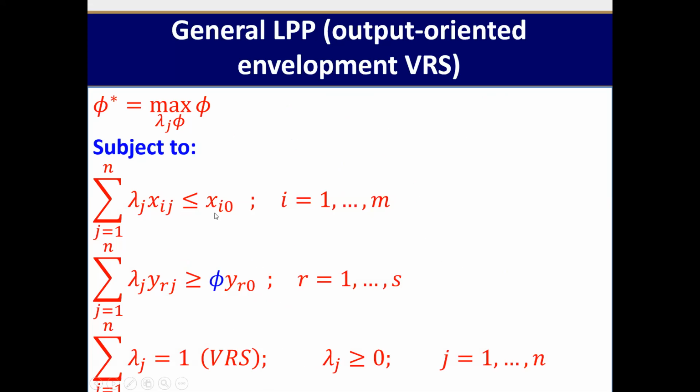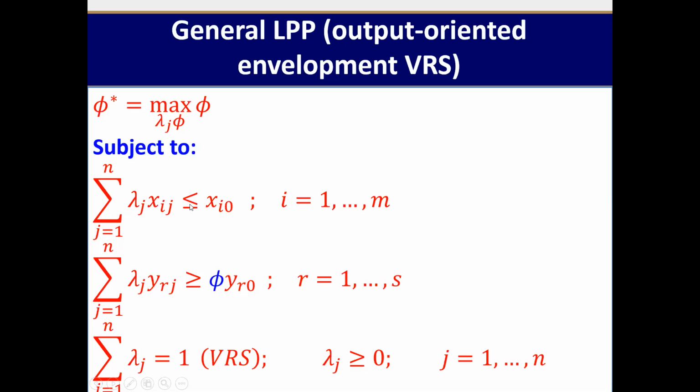What is changing? And then this xi0 is a target which is inside. It is a DMU you are trying to evaluate its efficiency, and it is part of the technology. And if it is part of the technology and is an input, then if this summation is equal to the value, it means that this DMU with its input is on the frontier.